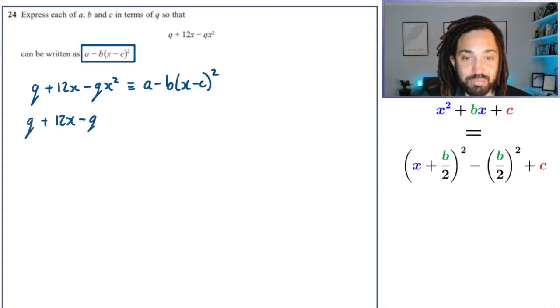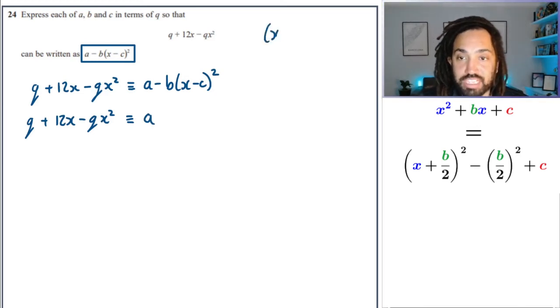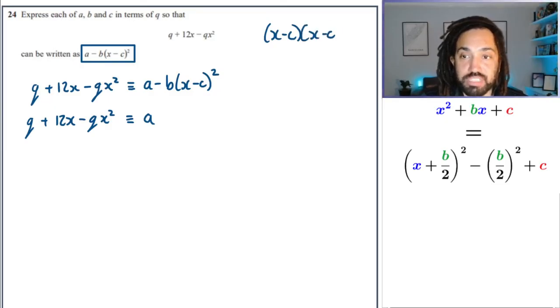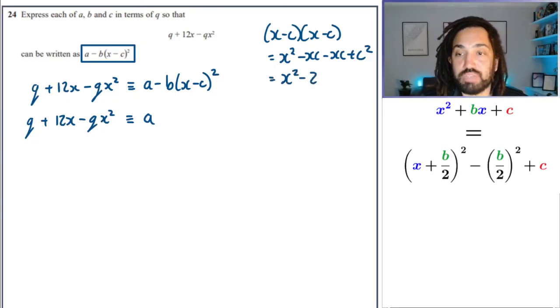I'm going to make it happen by expanding this side out. First, let me do (x minus c) all squared, which is (x minus c) times (x minus c), which is x squared minus 2xc, or cx actually probably better, plus c squared.